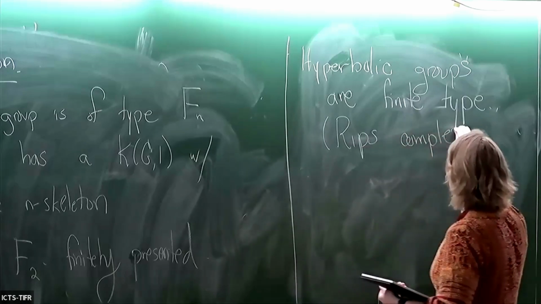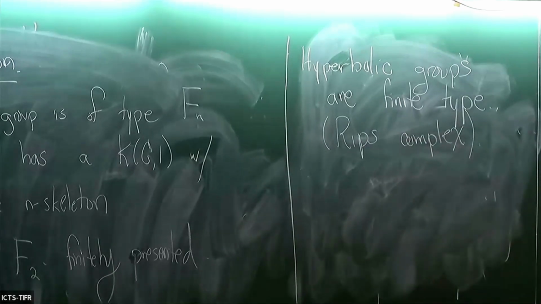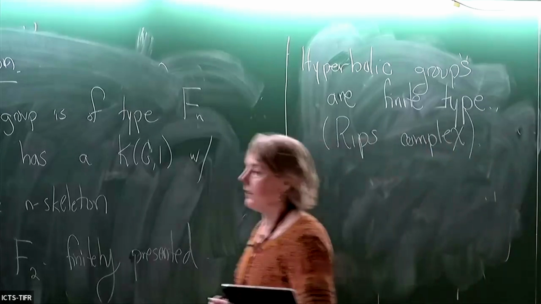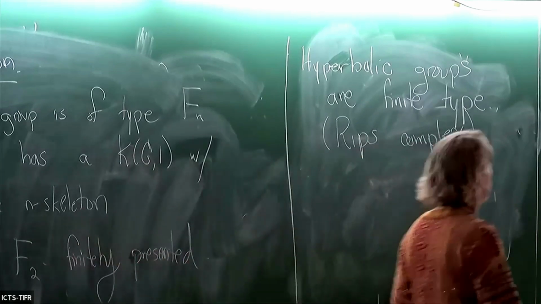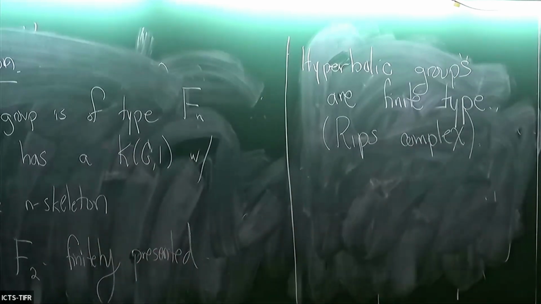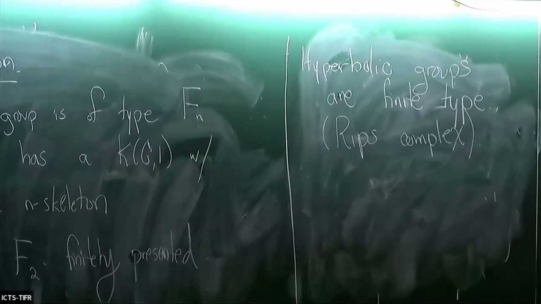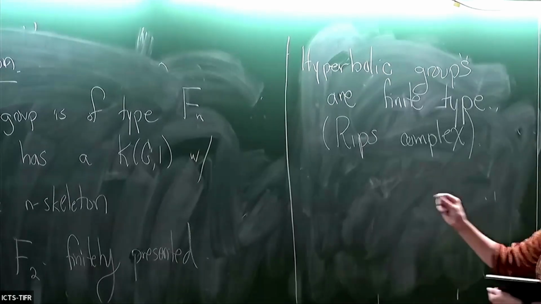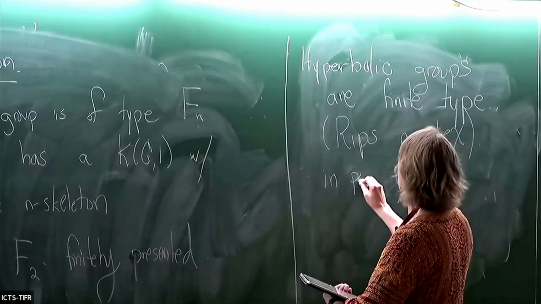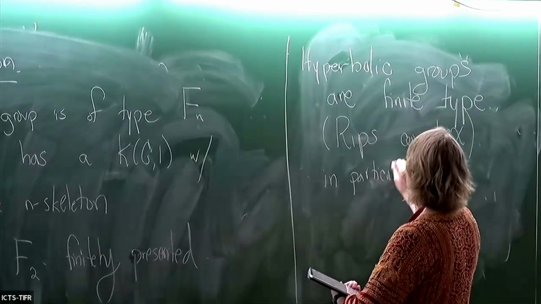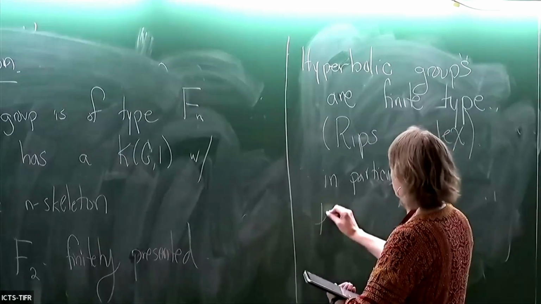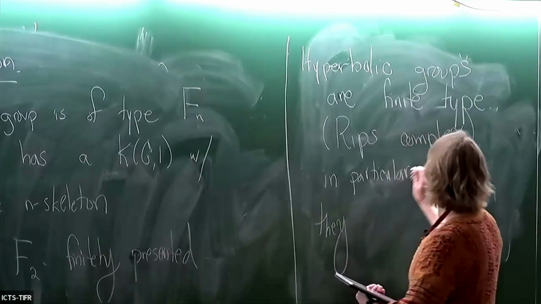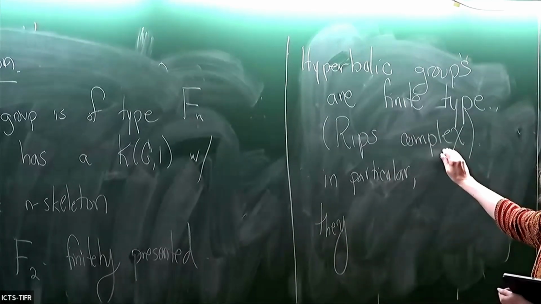However, they can have subgroups that are not of finite type. In particular, they're finitely presented, which is what I'm mainly concerned with. It actually means a finite K pi 1.